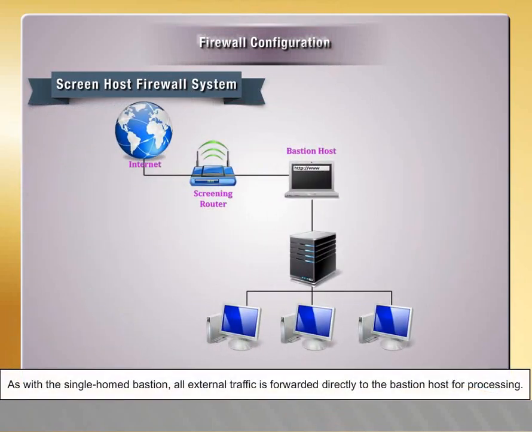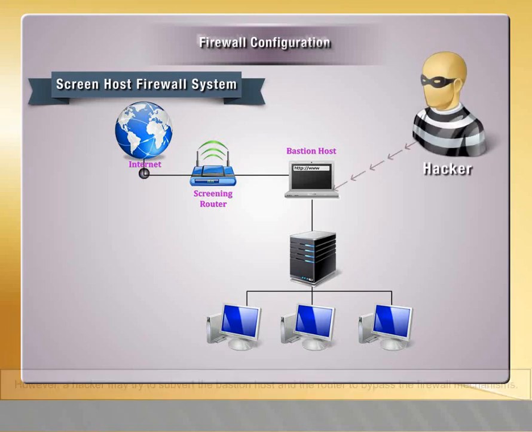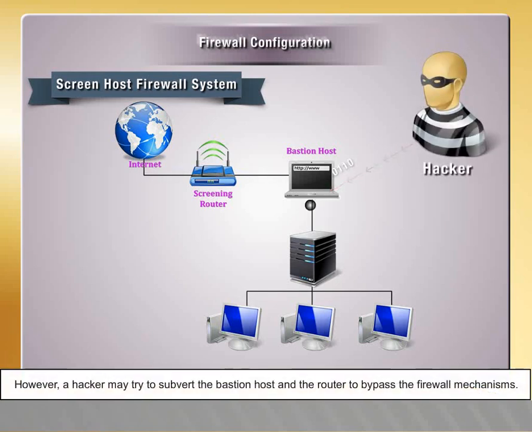As with a single-homed bastion, all external traffic is forwarded directly to the bastion host for processing. However, a hacker may try to subvert the bastion host and the router to bypass the firewall mechanisms.